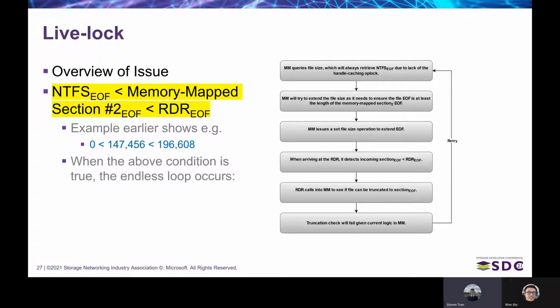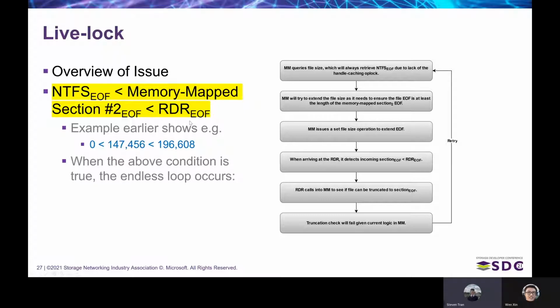Overall, this operation will fail because the current logic in memory manager determines that the following checks are true. The first check is that the user map section exists, and the second check is that the new file size, the section size right now, is less than the current file size or the redirector end of file. Because this truncation check fails, which is attributed to the lack of the oplocks and the data corruption, we issue a failure status code such as status user mapped file, and then we indefinitely retry these set of operations, hence the Livelock that we see here.